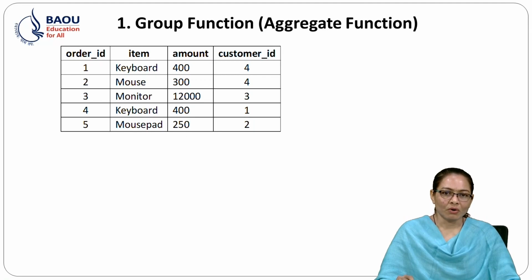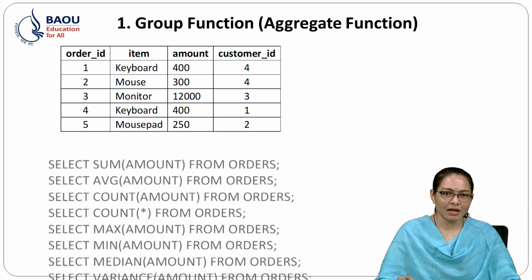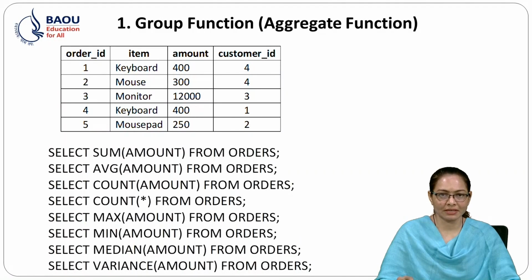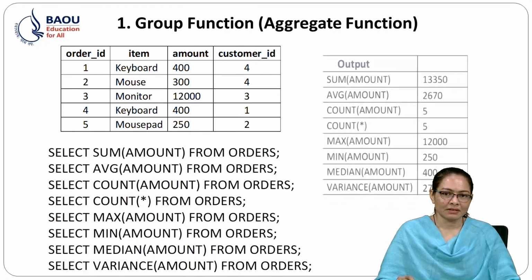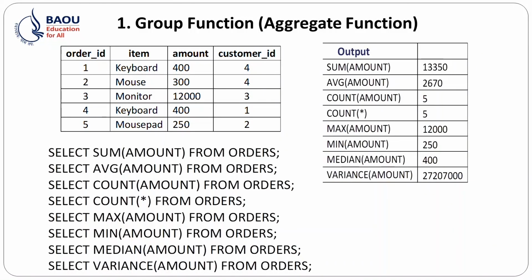Now one orders table is given, and some examples are given for how to use the aggregate functions practically. Here some examples as well as the output are given. Using these examples, we can easily understand how the aggregate function or group function works in a practical query.